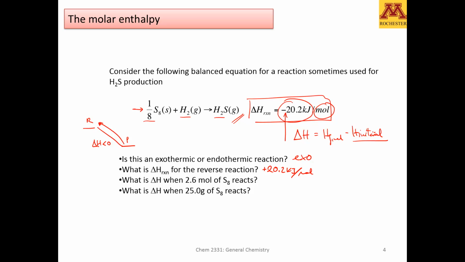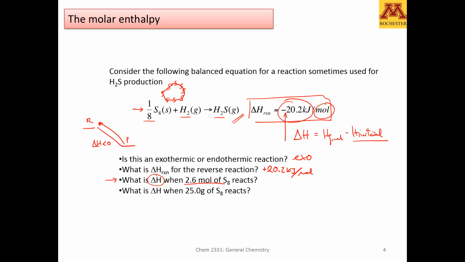Okay, so let's do some factor conversion here, because it's asking for what is the change in enthalpy when you have 2.6 moles of sulfur reacting. S8 is a wonderful molecule. It's like 8, I don't know, 1, 2, 3, 4, 5, 6, 7, 8. It's a ring that sulfur forms, and it's in its most standard state. So if you have the opportunity to do a little bit of modeling, it's a very interesting molecule to look at.